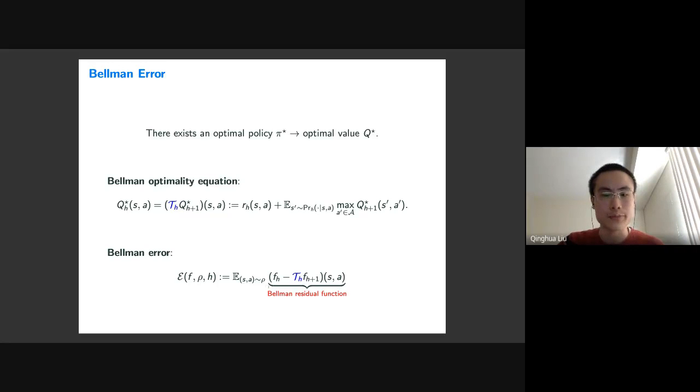In order to obtain a scalar, we need to evaluate on some distribution. So I want to emphasize again: there are two things important in this Bellman error, the function you pick and the distribution you choose to evaluate your Bellman residual.